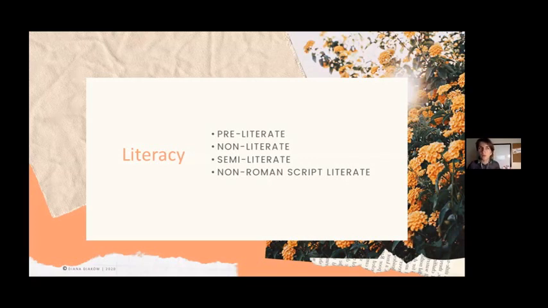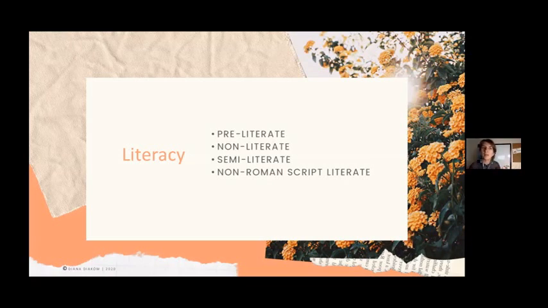Is there anyone who cannot see my PowerPoint right now? Okay. So literacy, according to the research, is divided into 4 categories: pre-literate, non-literate, semi-literate, and non-Roman script literate. And we are focusing mostly on that last category today. However, as I told you before, this low literacy basically includes all 4.